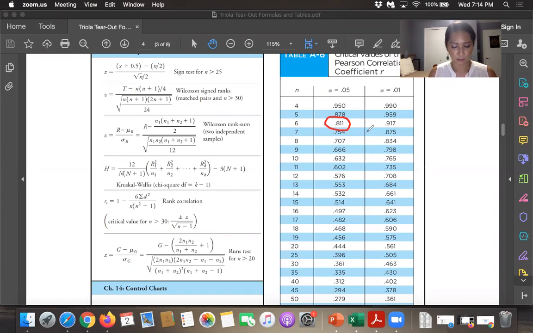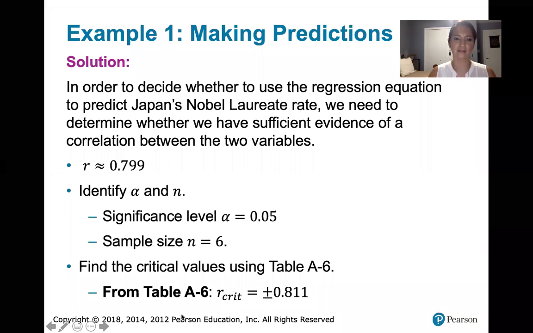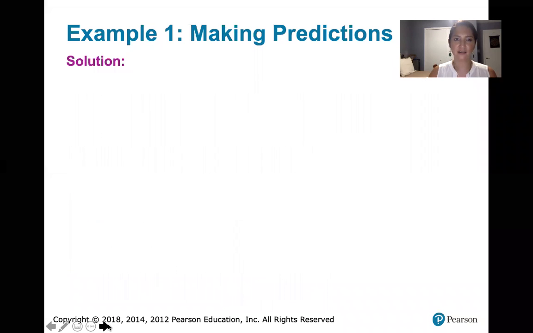On either side, we want to say, rho is equal to 0 or rho is not equal to 0. So this is a two-tailed test. And the critical values of r are plus and minus 0.811. So we've got our critical values now.